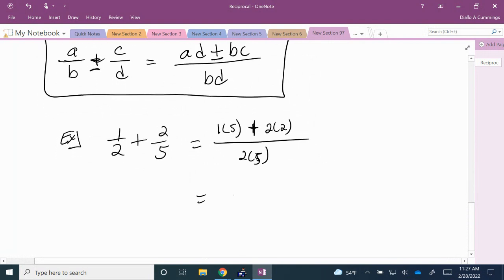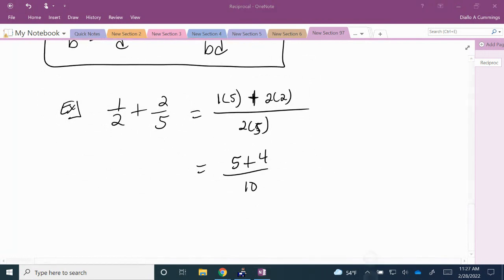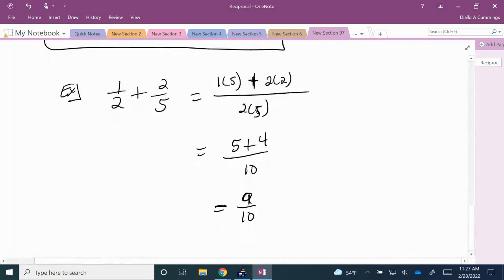Simplifying this out, we have 1 times 5 is 5 plus 2 times 2 is 4 over 2 times 5 is 10, which is 9 over 10. You're going to see me utilize this formula as well.